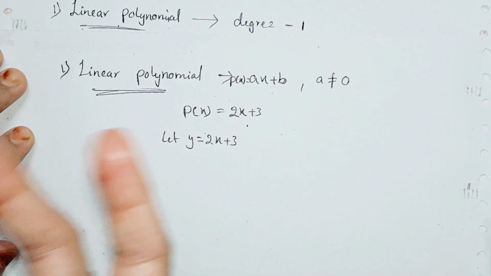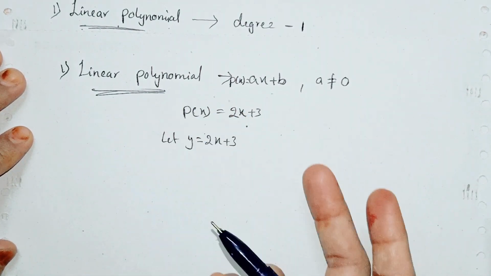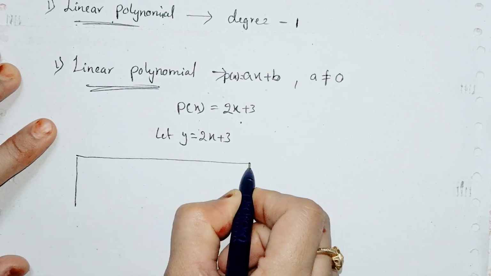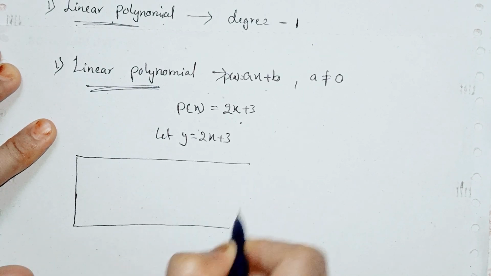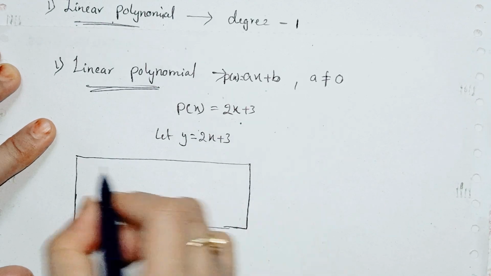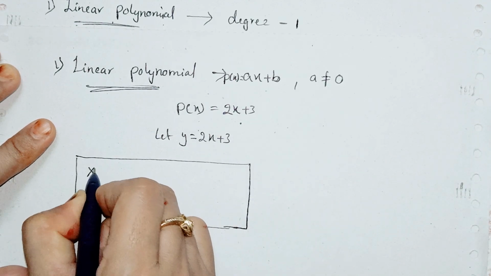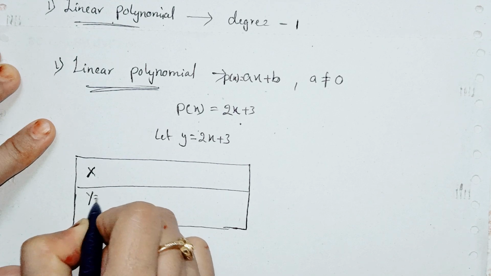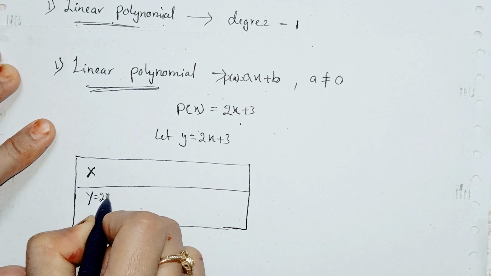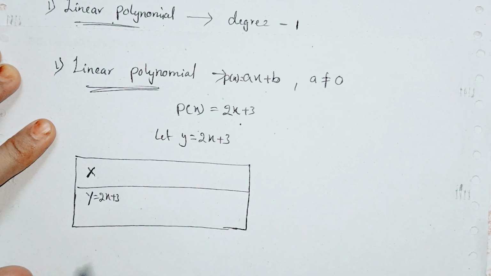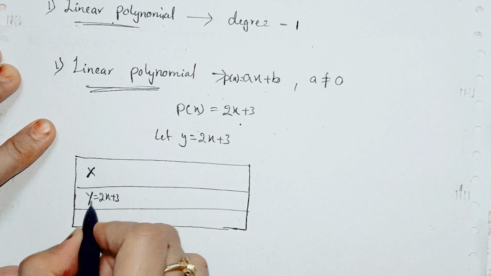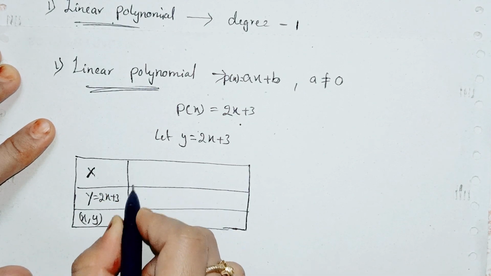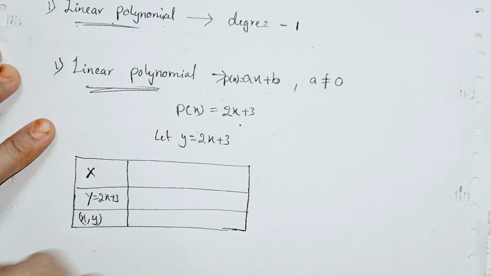Now we want 2 coordinates to draw the graph, so that's why I'm drawing a table here. This is the x coordinate, then this is the y coordinate, which is y equal to 2x plus 3. At last we'll get x comma y points here, whatever x comma y we get, we are going to write it down here.